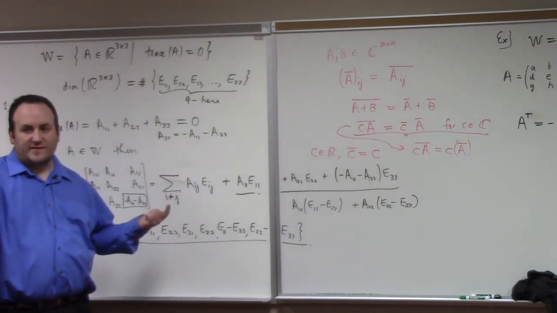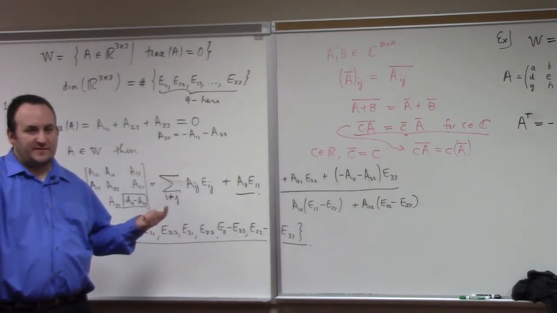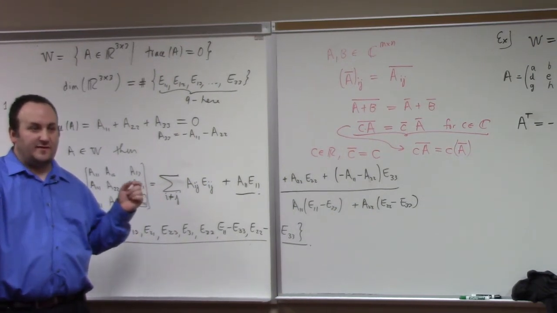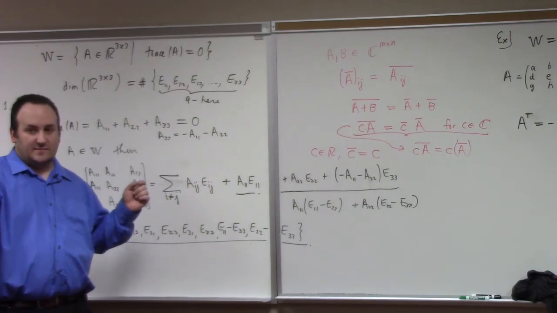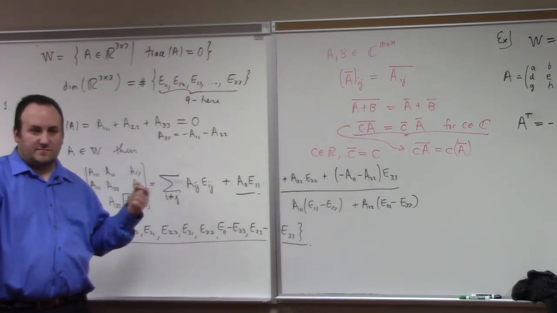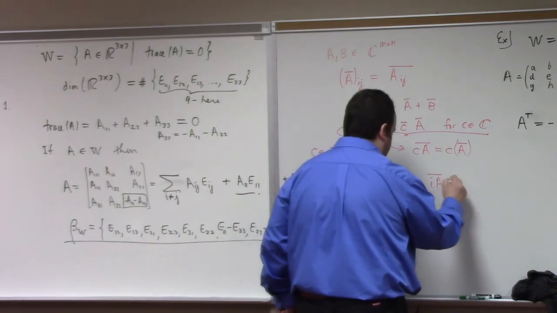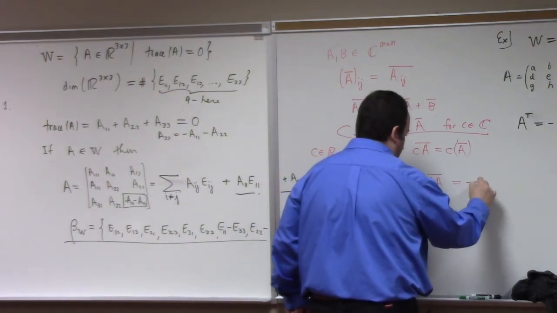For another example that's not terribly relevant to your homework question, if I had I times A and I took the complex conjugate of it, that would give me minus the complex conjugate of A. So like IA complex conjugate, that would be minus A conjugate.